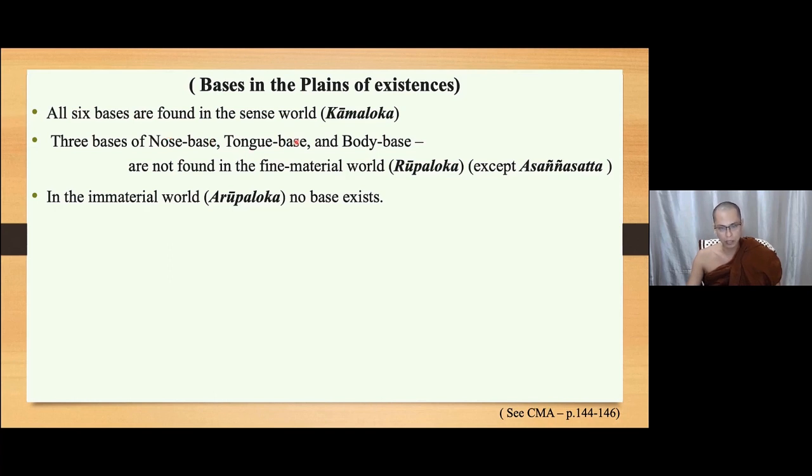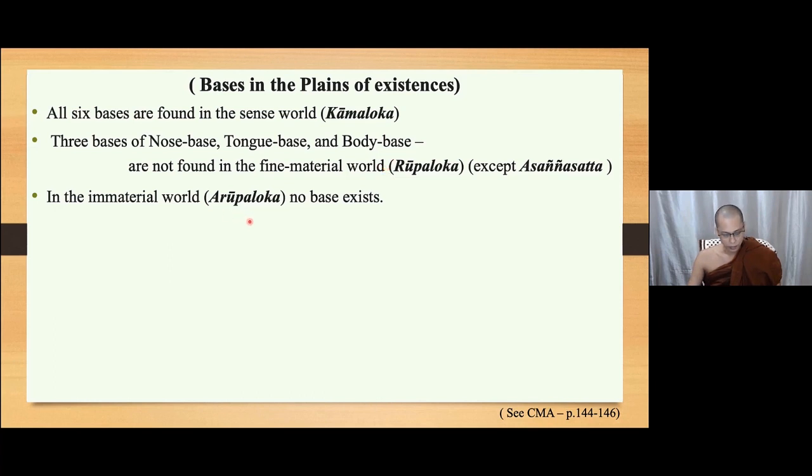Although they don't have the tongue base, they have the appearance of the tongue. And they have the body, but not the body base. This is the commentary's explanation: they have the organs, but not the bases as the reality of sensitive materiality.